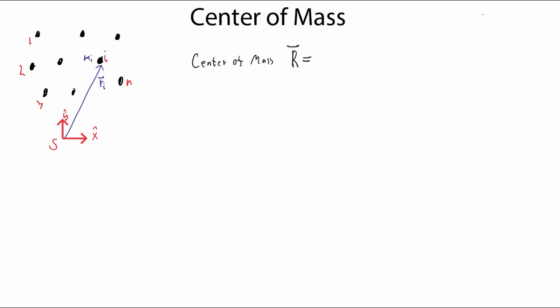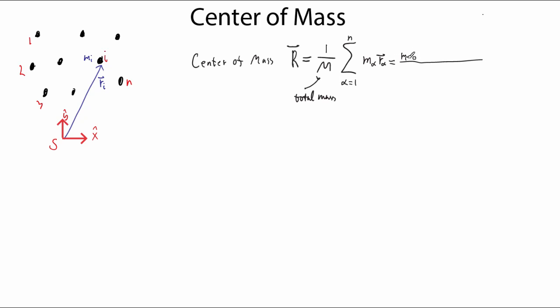So if I want to write down the center of mass, then it becomes 1 over M, capital M here, that's the total mass, times the sum, where alpha goes from 1 to n, the total number of particles, of m alpha, and then the position of the alpha-th particle.